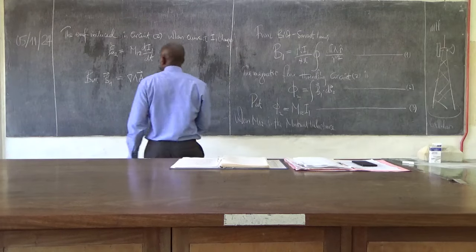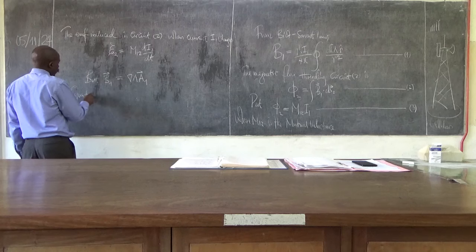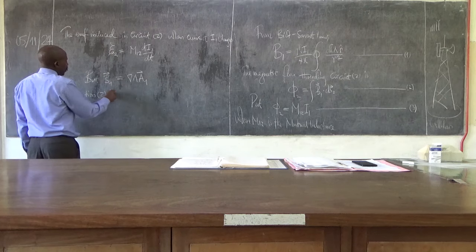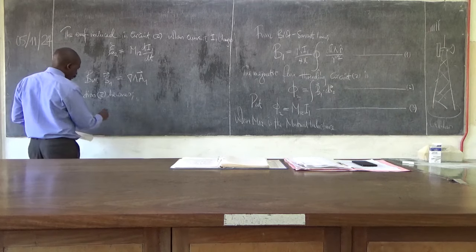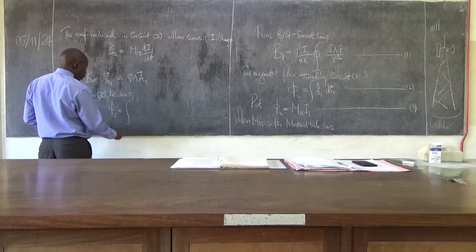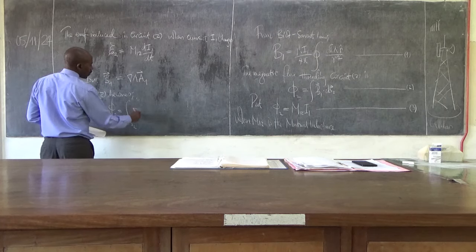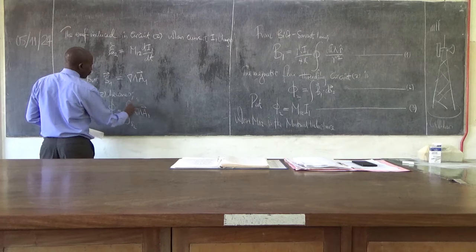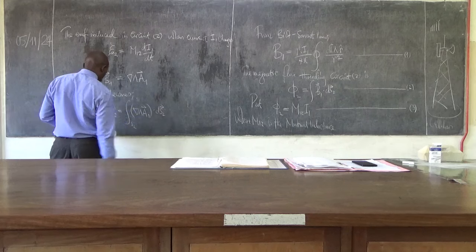So equation 2 becomes phi 2 being the same as the integral over the surface area of loop 2, B1 is the curl of A1, and then dot S2.